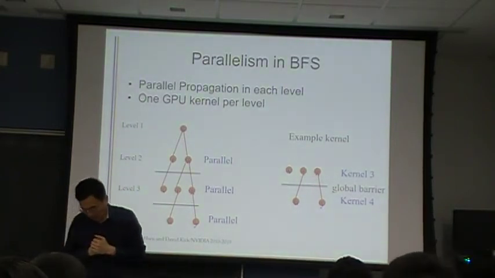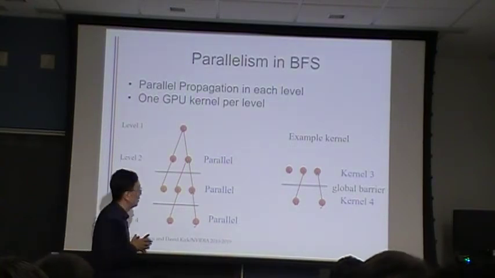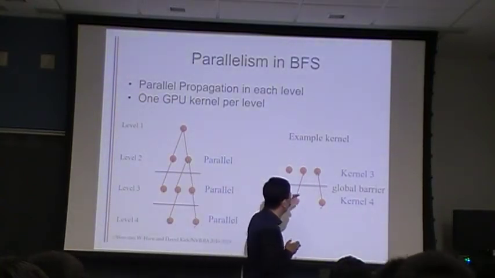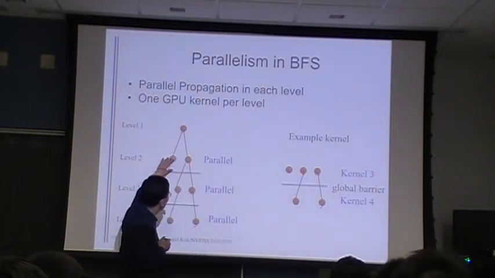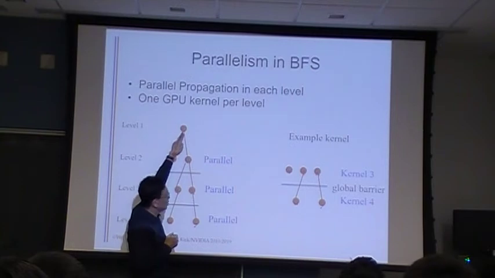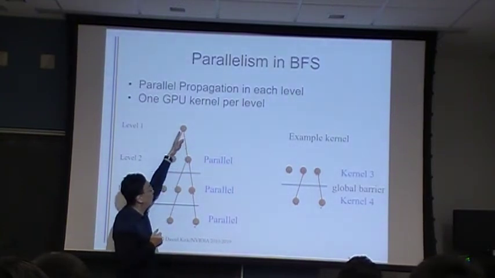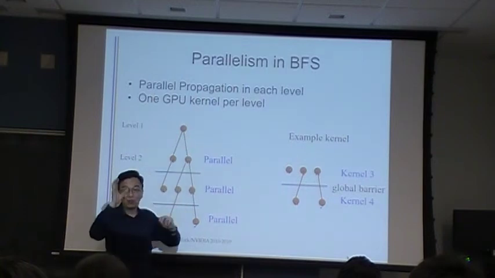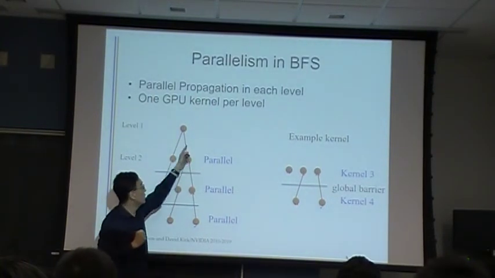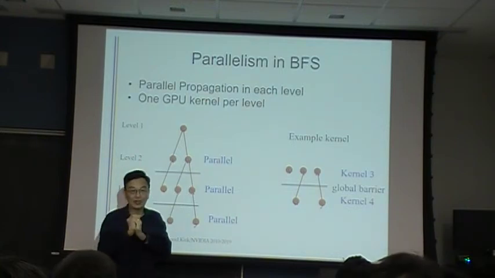So the easy way to do this is actually by launching kernels at each step of the way. So let's say we start with source. When we only have one node, only one thread will be handling that source, and that thread will generate R and W into the array.